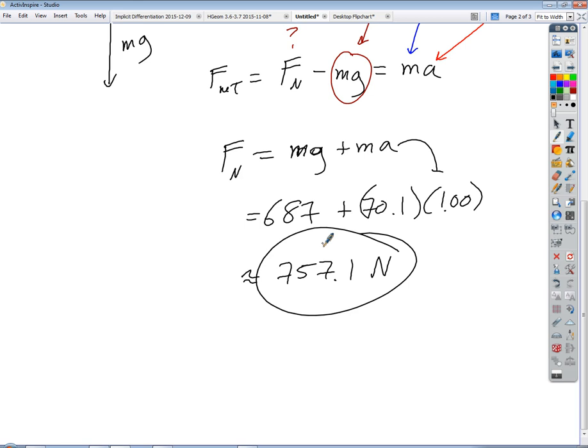Does that make sense? It read 687 when I was at rest. And shouldn't it read more if it's slowing me down as I'm descending? Think about this in the context of something you've done. We've all been in an elevator that's zooming down from the top floor. As it approaches the ground floor, do you feel heavier or lighter? You feel heavier, don't you, as the thing comes to a stop?